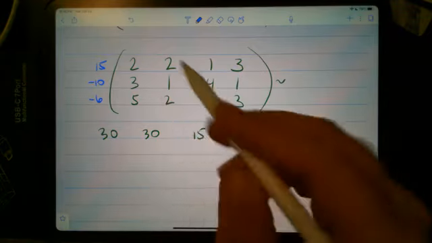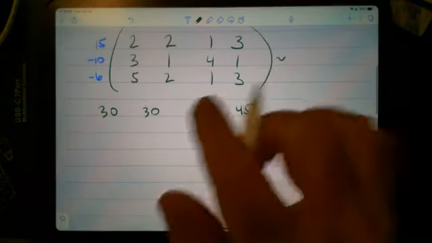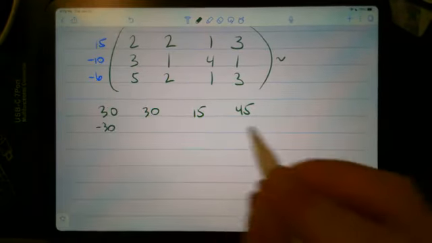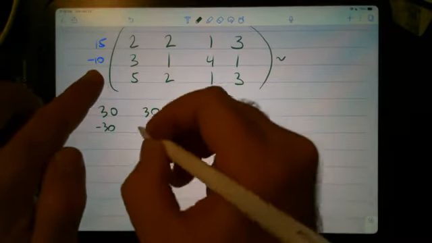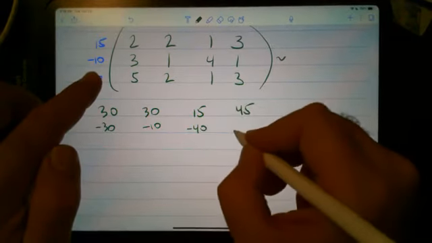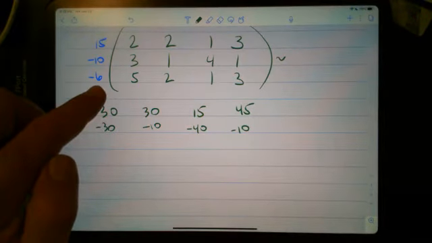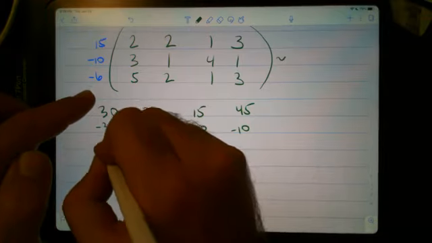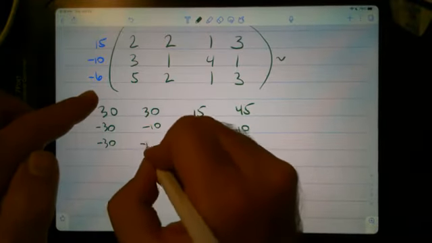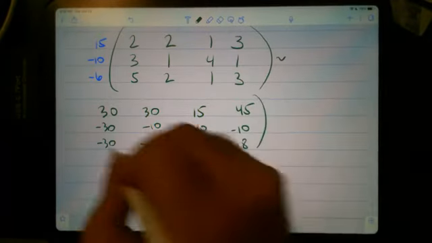Okay. 10 times 3 will give me a negative 30. And then negative 10 times 1 is negative 10. And then we have a negative 40 and a negative 10. Multiply this bottom row by a negative 6 will give me a negative 30 and negative 12, negative 6, and negative 18.